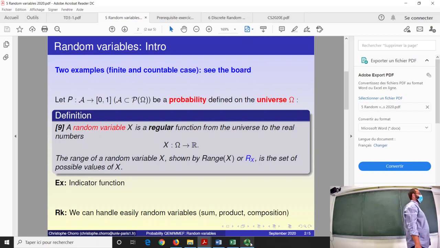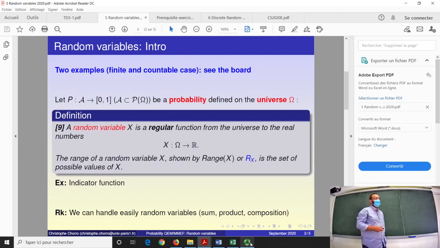P of omega is equal to 1. So what I will call a random variable in this course will be very, very general. For me and for you, a random variable will just be a mapping from omega into R, omega being the universe related to the probability P.